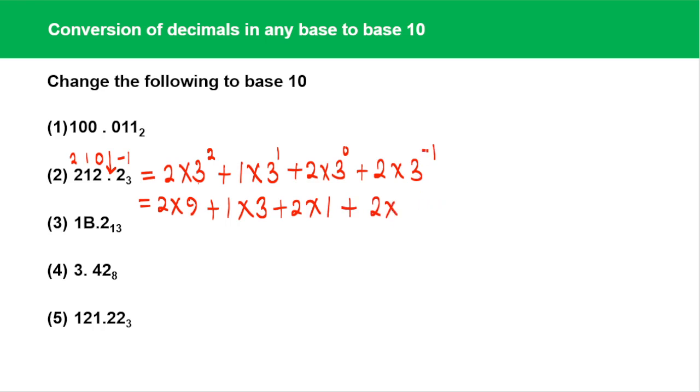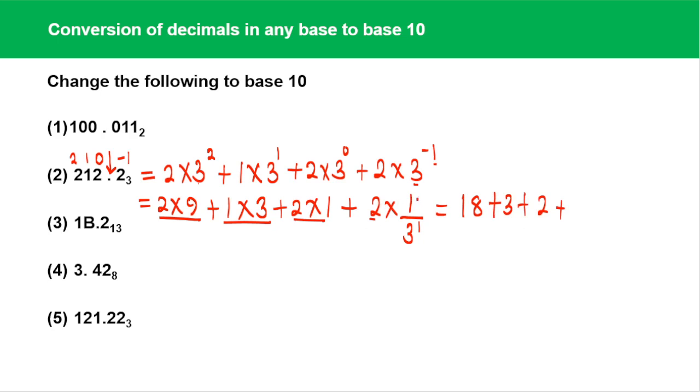That will be minus. The minus here becomes 1 over 3 raised to the power 1. That's 3 raised to the power 1. If we simplify this further, 2 times 9 here will give us 18. 1 times 3 here will give us 3. We have plus 3. 2 times 1 here will give us plus 2. Then plus a whole number now multiplies a fraction.